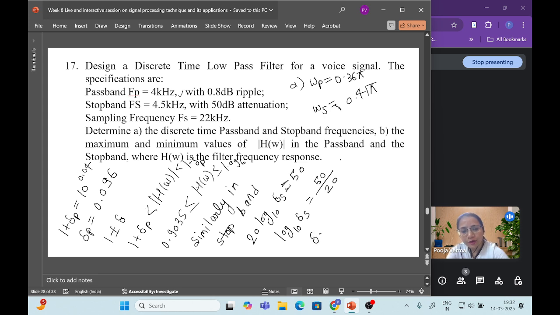Now if you further calculate del s, that is 10 to the power 50 divided by 20, right? If you calculate with the calculator, you will get 0.0031. Okay, so the maximum and minimum value of h omega in the pass band and the stop band we have seen, that is in stop band and that is in the pass band.